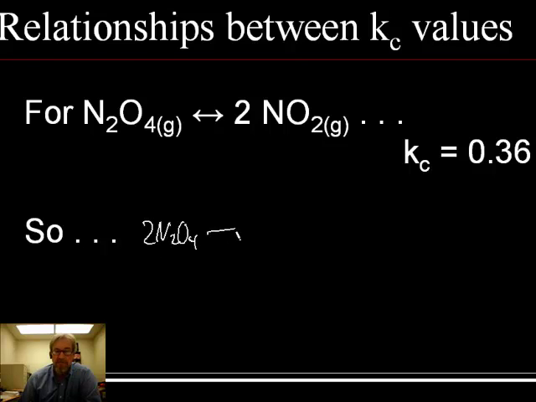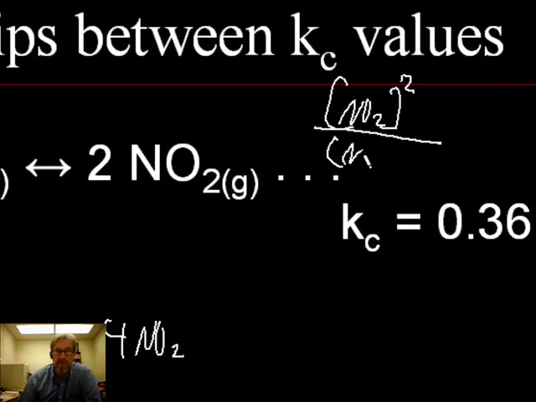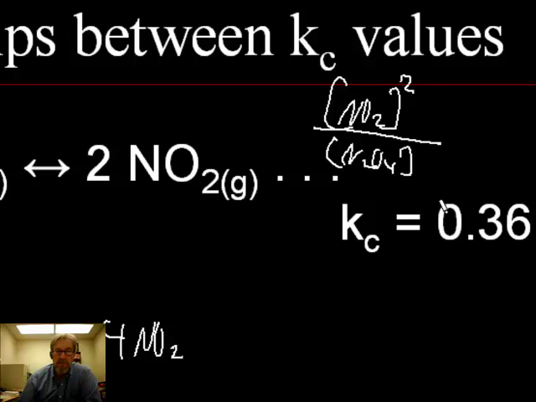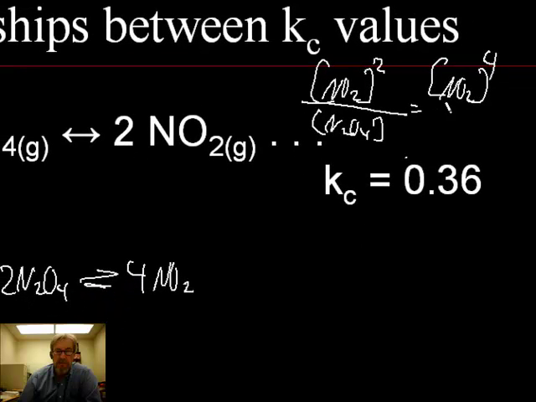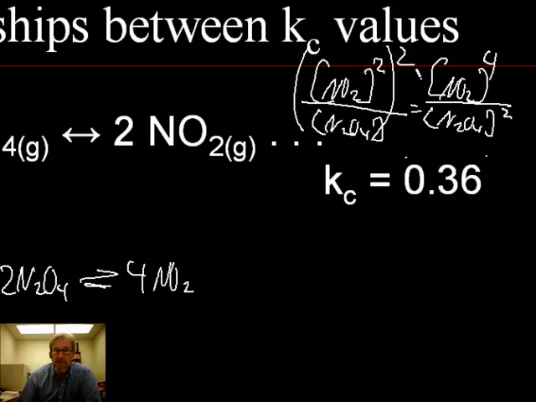If I start out with the same equation that I had before, and now I double the coefficients, so 2 N2O4 is in equilibrium with 4 NO2s. What's happened here is, in terms of the Kc expression, I used to have NO2 squared divided by concentration of N2O4 to the 1, but now I have NO2 to the 4th divided by concentration of N2O4 squared.